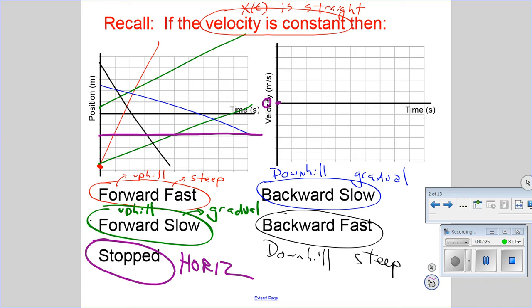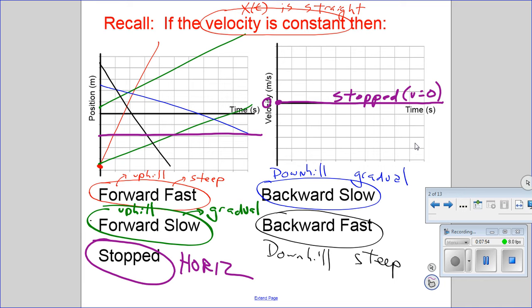So I want my velocity to be constantly 0. There we go. That guy is stopped. Okay? All right, now, all of these have constant velocities, don't they? So that means they're all going to be horizontal lines, right?